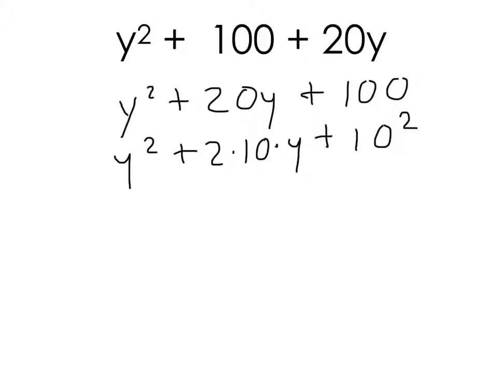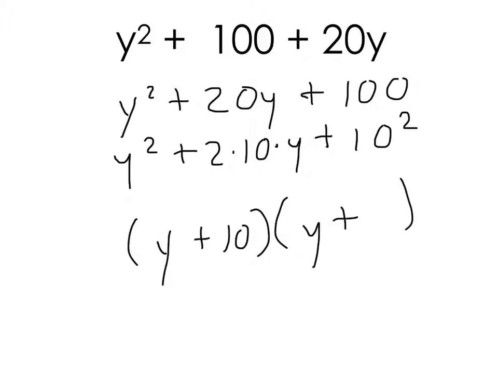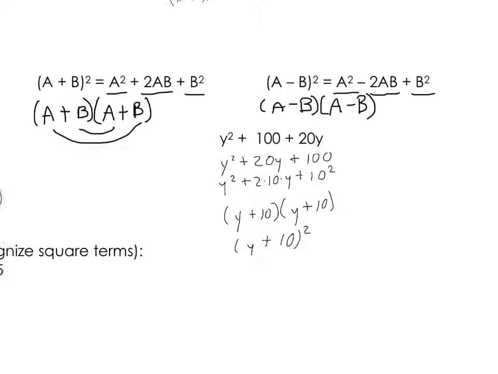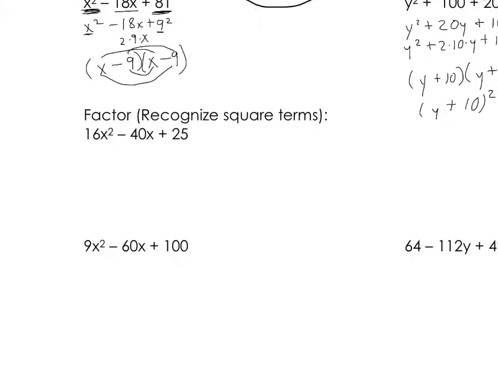If we recognize that it's a special product, it's y plus 10 and y plus 10. We can FOIL and come up with the answer, or if we recognize that it's a special product, it's y plus 10 quantity squared. Special products make us faster.